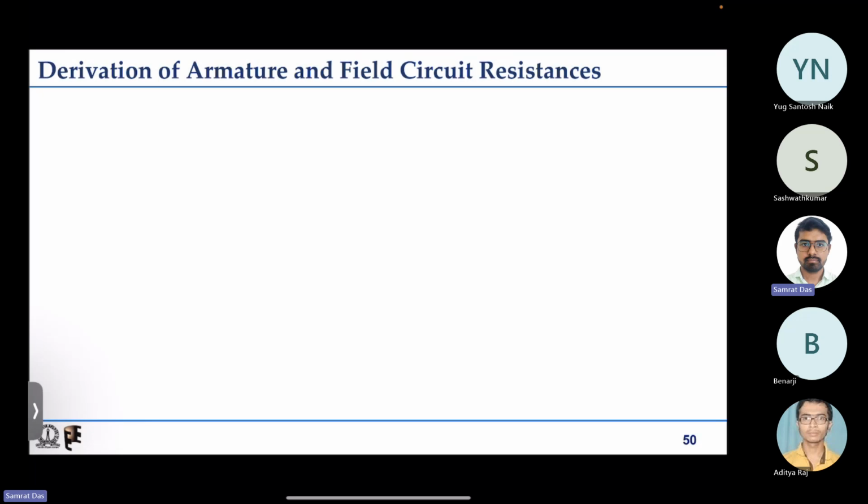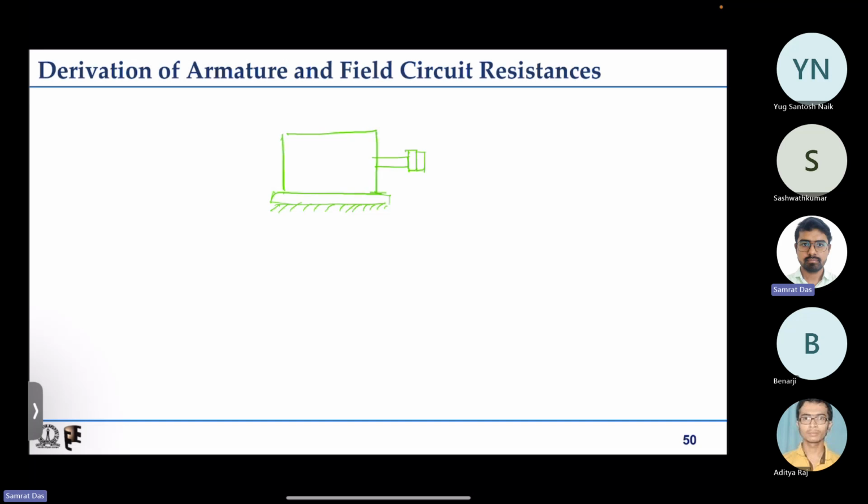So let us get started with the resistances. Resistance finding is quite easy. Say you have a machine, this is your DC machine, which has some base that is fixed in a stationary reference frame, and it has a shaft, and it may be coupled to something else.